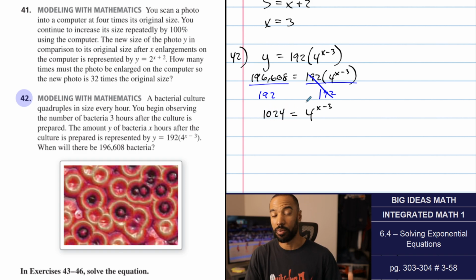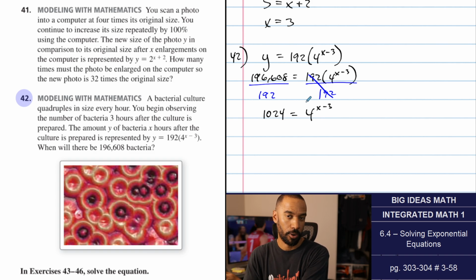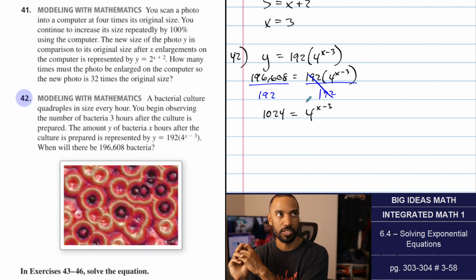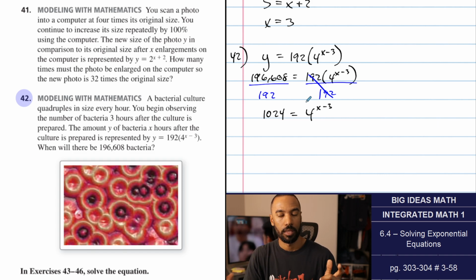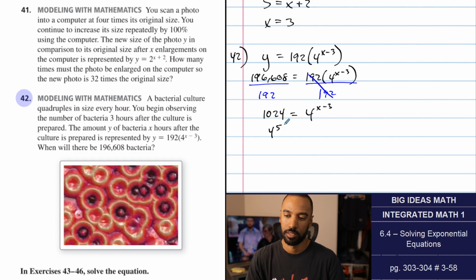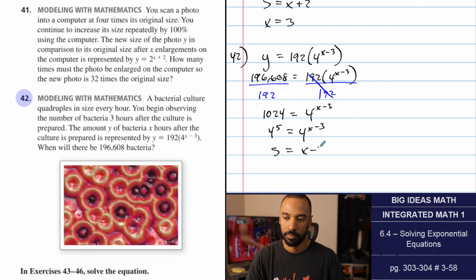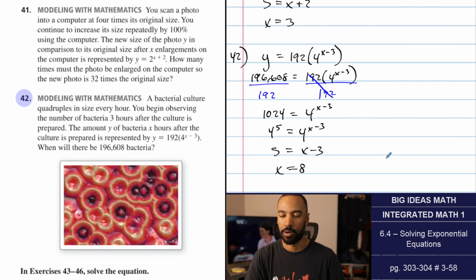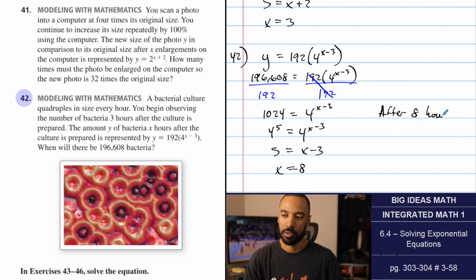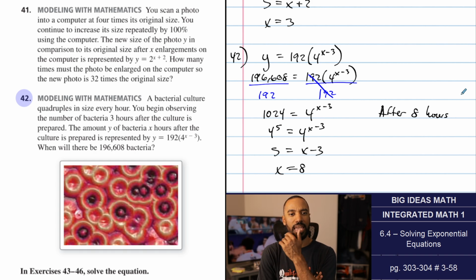And this is where we have to rewrite 1,024 as 4 to a power if we can. And I believe it's 4 to the 6th. No, 4 to the 5th. 4 to the 5th, I think. And that's where we can now set the exponents equal and solve. So x equals 8. So after 8 hours of you observing, because you started, so I wonder if they want to say 8 or 11.